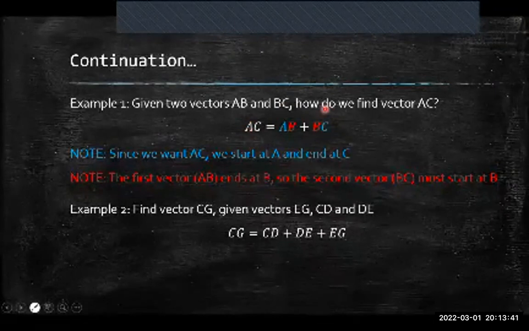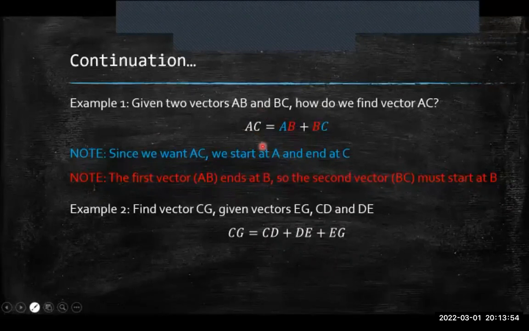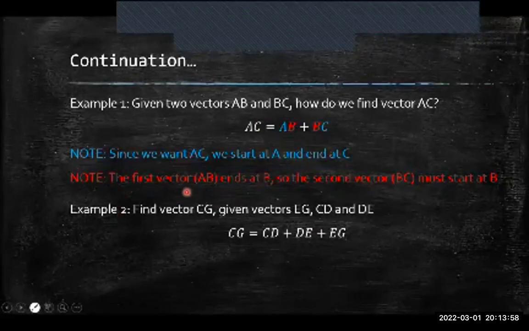The ending point must be C. And note the red part: the first vector AB ends at B, so the second vector BC must start at B.